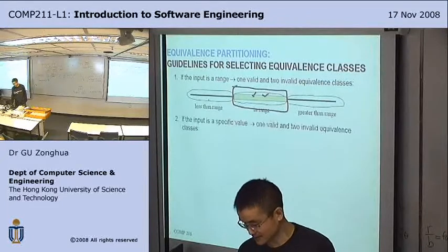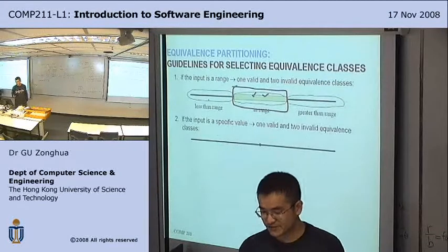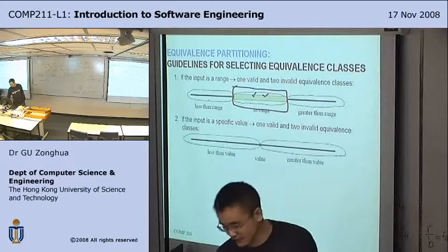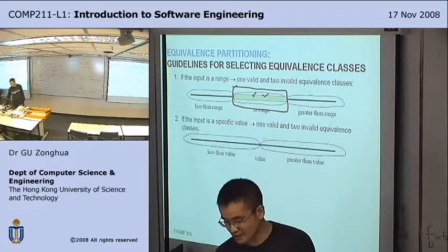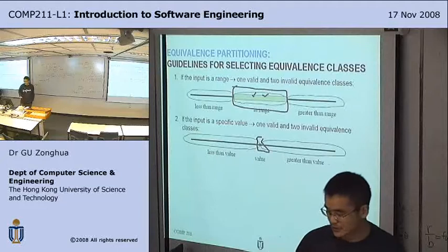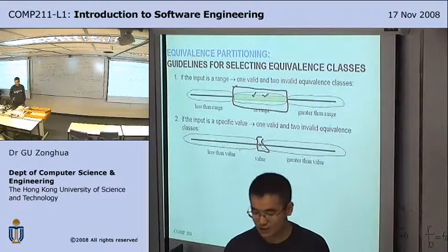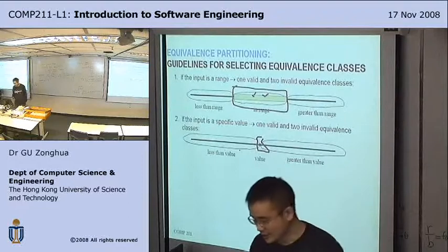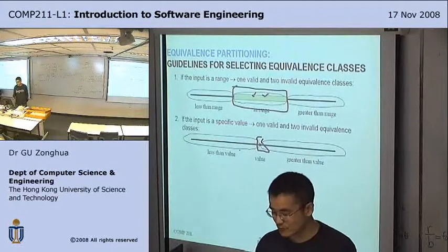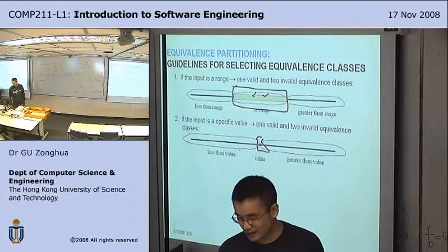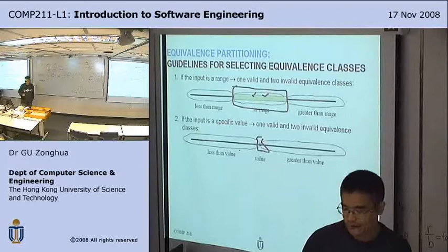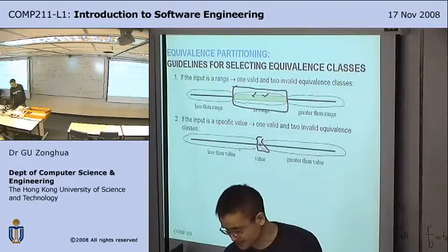If the input is a specific value, then you pick one valid class, which is this value right here, and two invalid equivalence classes, less than the value and greater than the value. At testing time, you pick one value from each of the three equivalence classes.